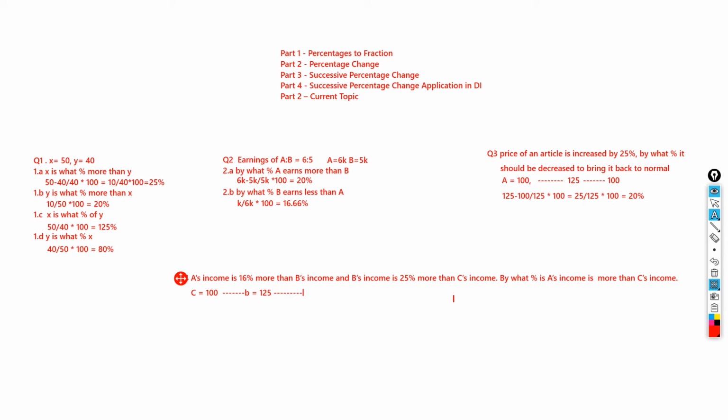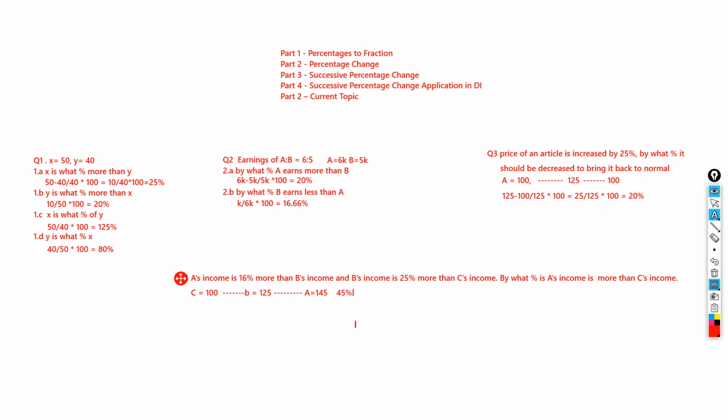A's income is 16% more than B's income, so 16% more than 125 will be 145. Now we need to calculate by what percent 145 is greater than 100, which is nothing but 45%, which you can clearly see over here.